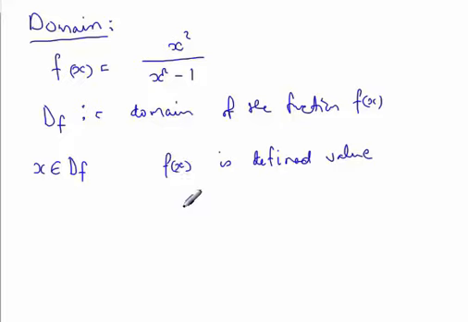I say f of x is a defined value when f of x makes sense as a number. 0 over 0 does not make sense as a number, so this is undefined. A number 4 over 0 is not a number because it's undefined. Infinity over infinity is not a number because it's undefined.